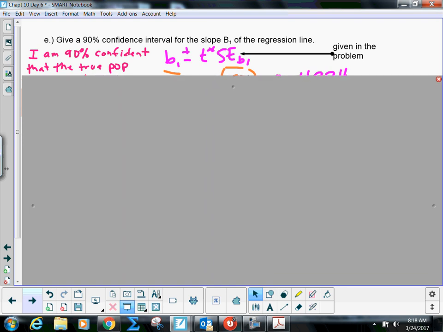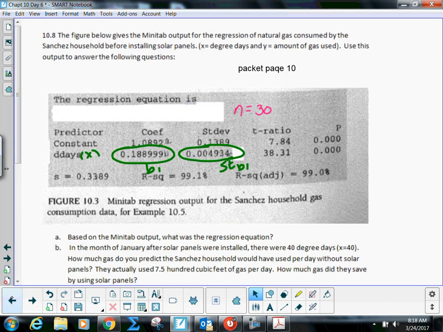Now, t star. Okay, how did I know n for this problem? What did it say? I can't hear you. Okay, so where does it say?